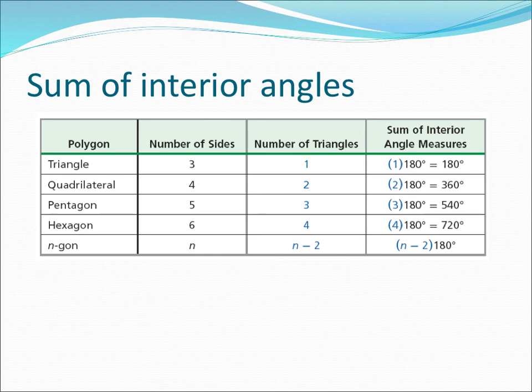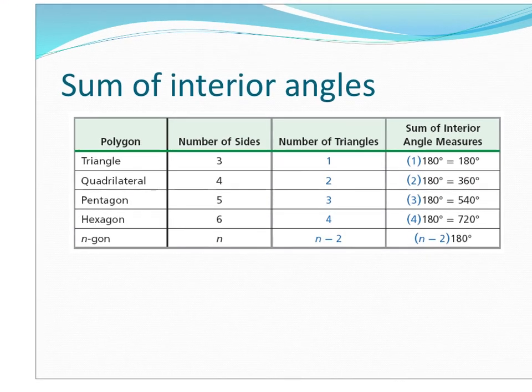So here, again, what we just did, notice the number of sides in a triangle is 3. We know it forms 1 triangle, so that sum of those 3 angles of the triangle is 180. Quadrilateral, 4 sides, 2 triangles are formed when I draw that diagonal, and I get 360. The whole purpose of this chart is to show the pattern.